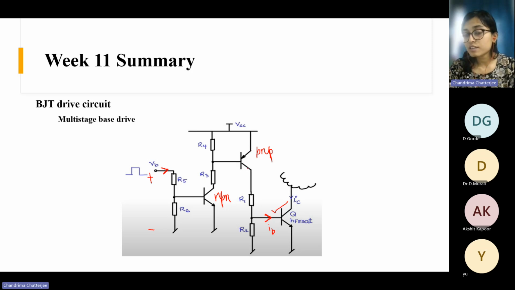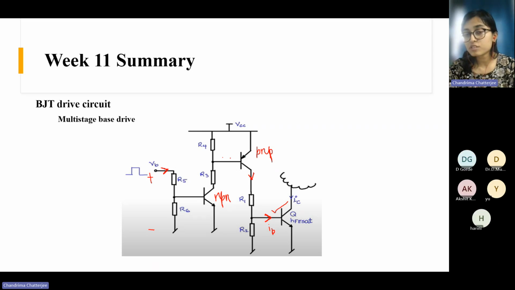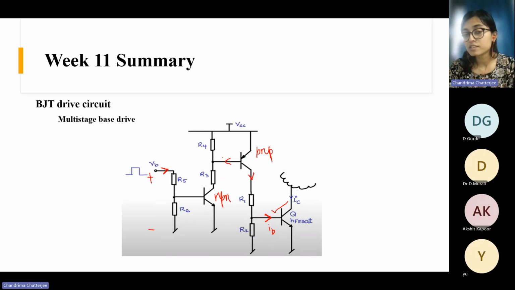So you see, the collector current of this PNP transistor is basically the base current of this transistor. For this PNP transistor to be on, it needs again some base current, right? This is a PNP transistor, so the base current direction will be like this. This base current will flow only when this transistor is on.